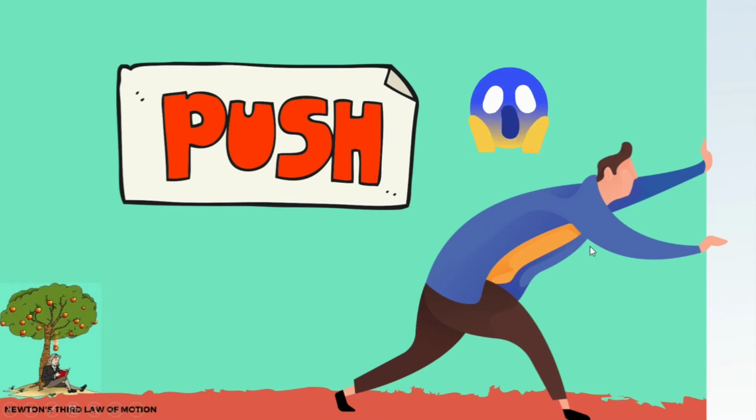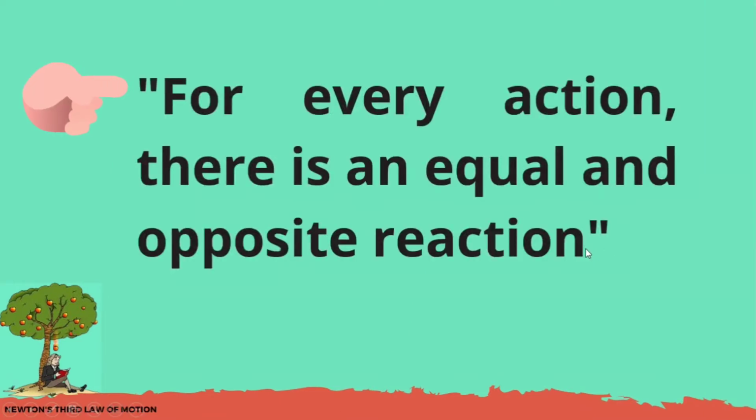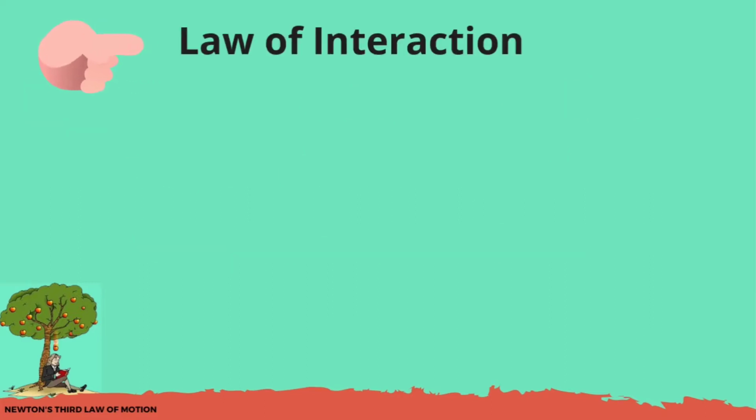This law states that for every action, there is an equal and opposite reaction. The law of interaction, or Newton's third law of motion, is also known as the law of action-reaction.